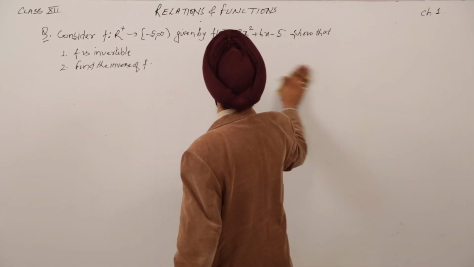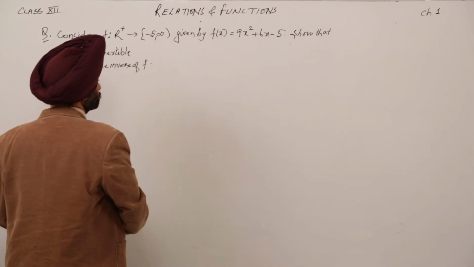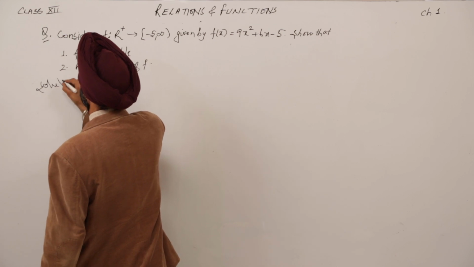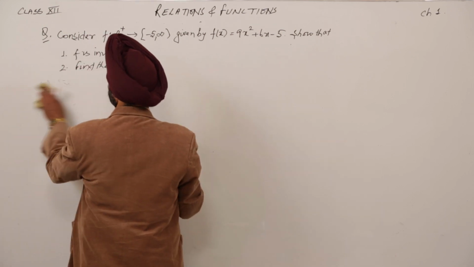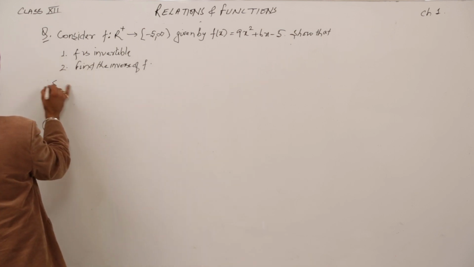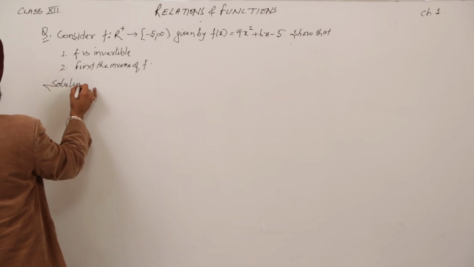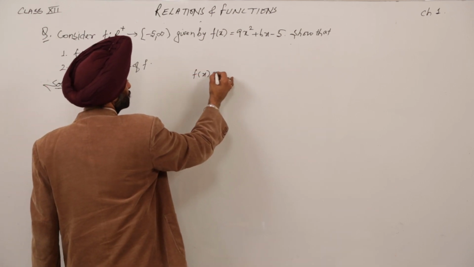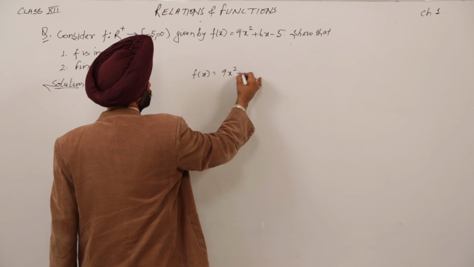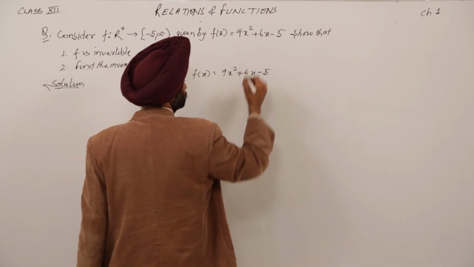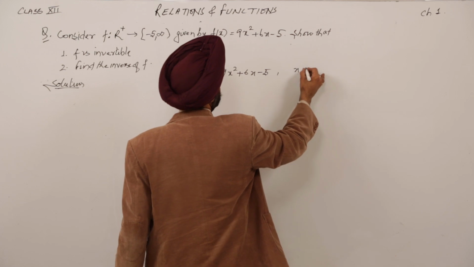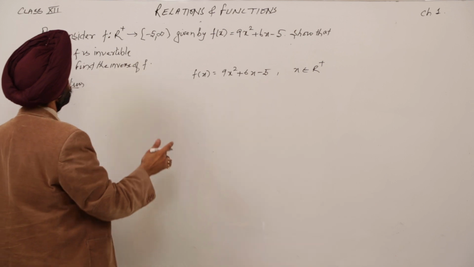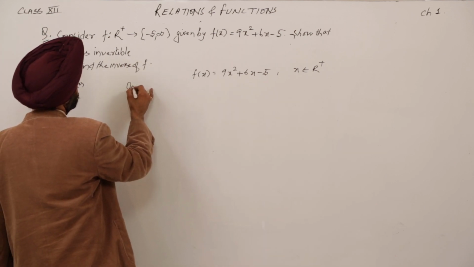So now let's start with the question. Here I am writing the solution. We have f(x) = 9x² + 6x - 5, where x belongs to positive real numbers. The first part is for the 1-1 function.